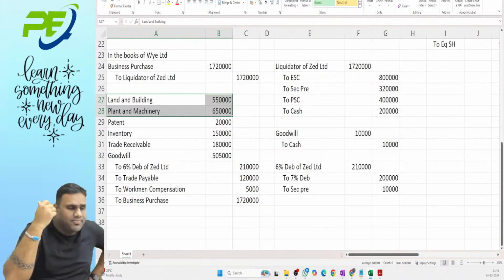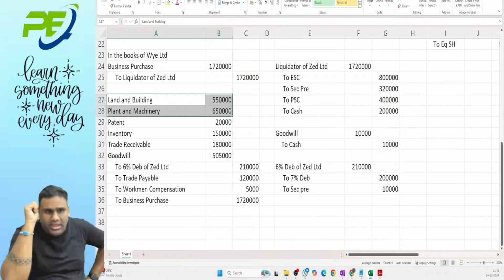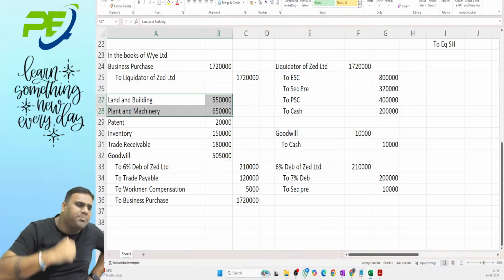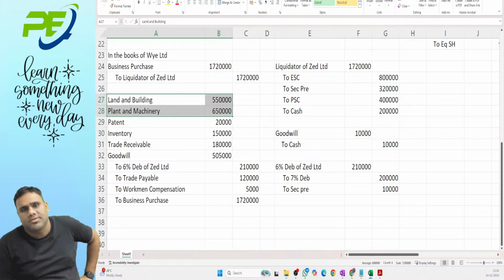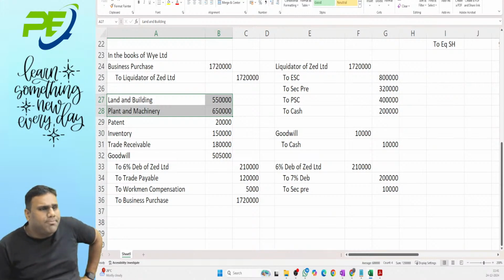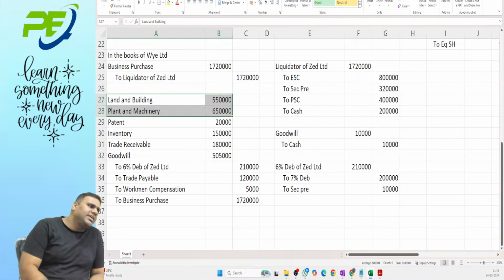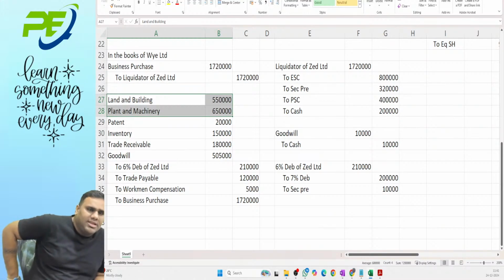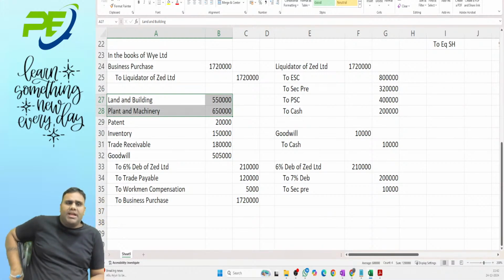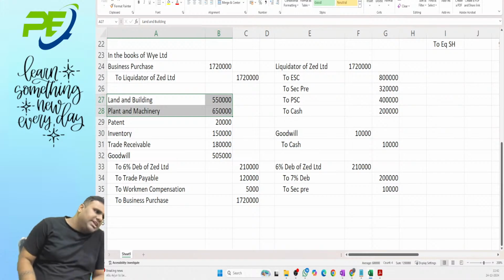Next, point number C. Under the purchase method, goodwill of the selling company will get merged with goodwill of the purchasing company.